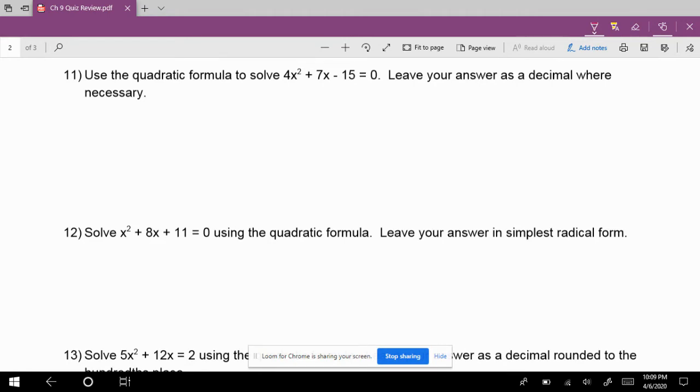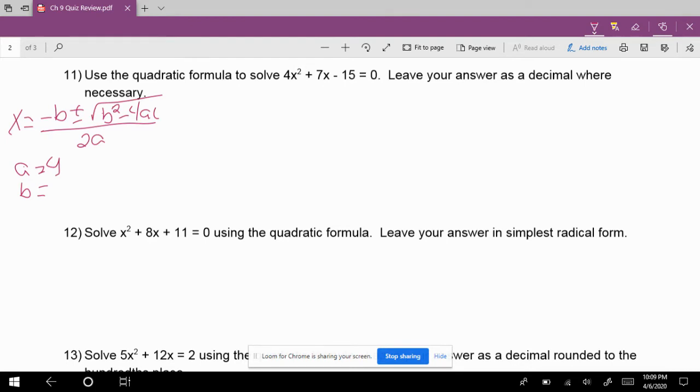So off to the side here, let's remind ourselves the quadratic formula is the opposite of b, plus or minus the square root of b squared minus 4ac, all over 2a. Students I talked to today said they liked writing out what a, b, and c are. By definition, a is the coefficient of the x squared, so in this case that would be 4.